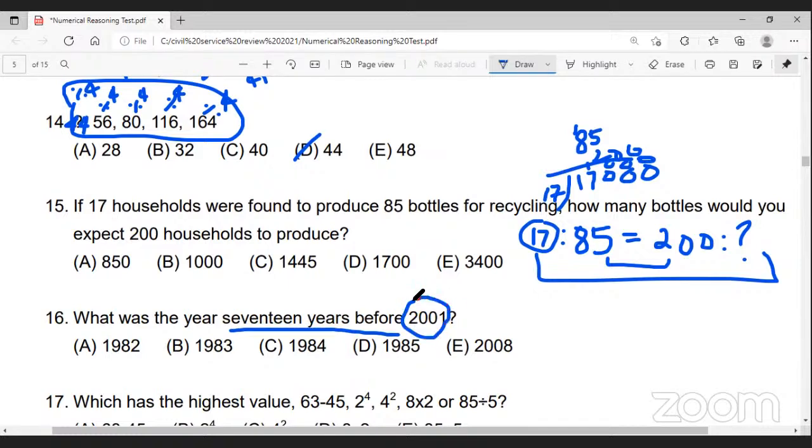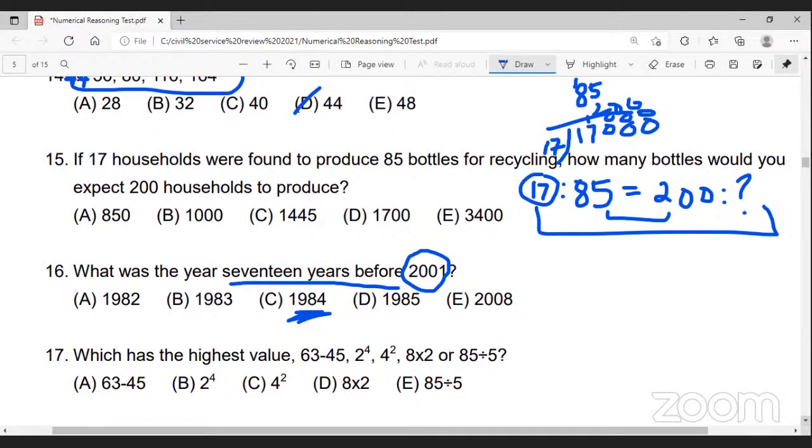Simply, what operation shall you apply? 1984, ma'am. 1984, you just subtract: 2001 minus 17 years. Yes, I agree.